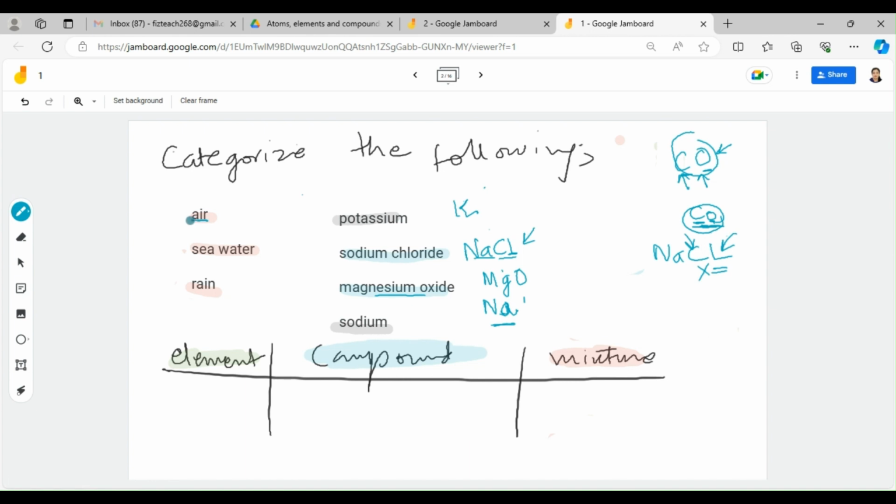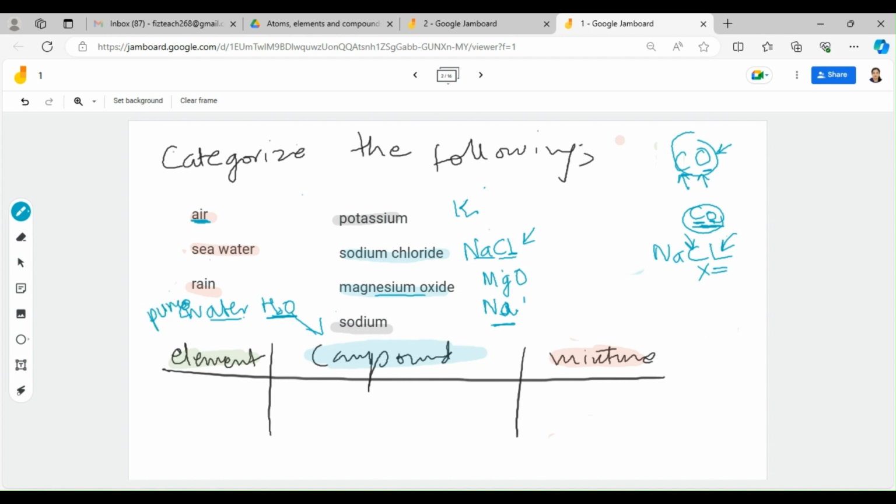And then air. Why are we categorizing air as a mixture? Because air has so many gases combined together along with dust particles, and whatnot. So it's a mixture. Seawater, again, water molecules are there. If we have just water, that is H2O, like a compound, so it could be categorized as a compound. Let's say over here we had pure water.